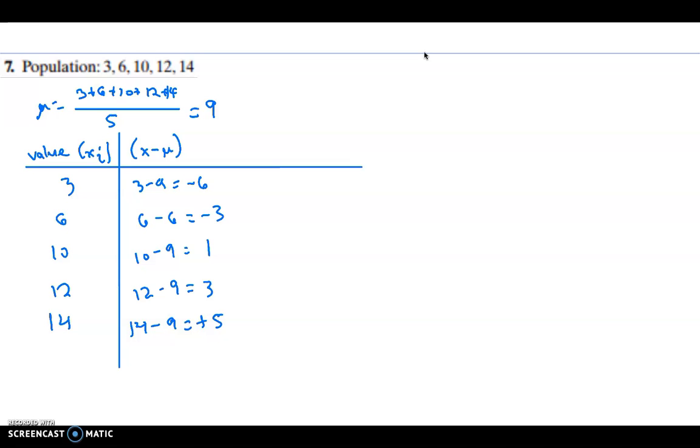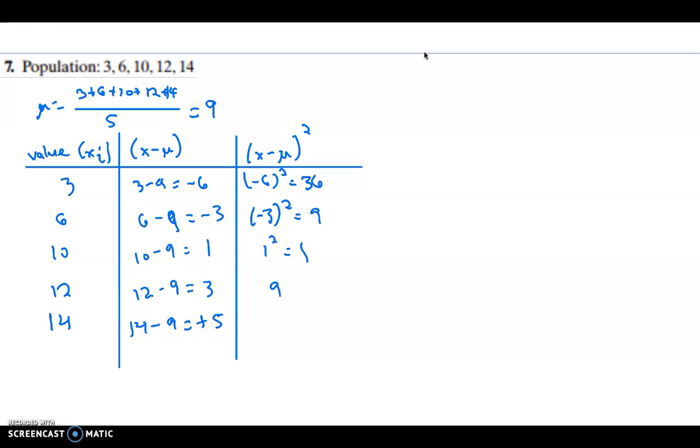Now we're going to take those deviations and square them. So you'd have negative 6 squared, and whenever you square a negative, it's always positive. So negative 6 squared is 36, negative 3 squared is 9, 1 squared is 1, 3 squared is 9, and then we get 25.